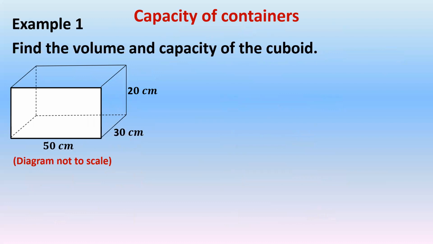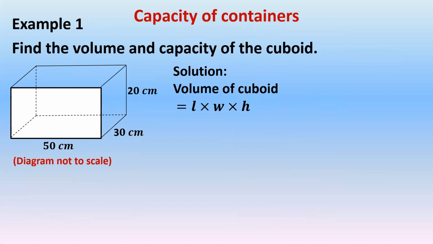Now, let's solve some problems involving capacity and volume. Example 1. Find the volume and capacity of the cuboid. Volume of cuboid is equal to length multiplied by width multiplied by height.